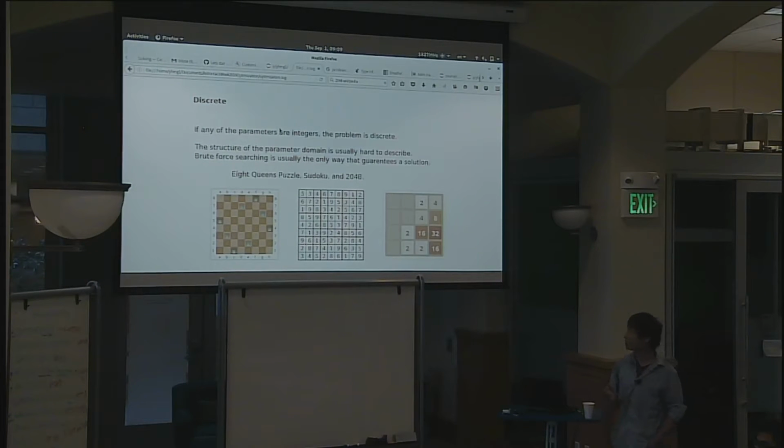For example, this is a typical problem people solve in computer science when you start programming. One of them is called the 8 queens puzzle, where you want to put 8 queens on a chessboard such that you minimize the number of queens in the same row, column, and diagonal. And the minimal solution, we know, is 0 collisions. Well, you can write a computer program to search for all of the possible configurations and then find the solutions.